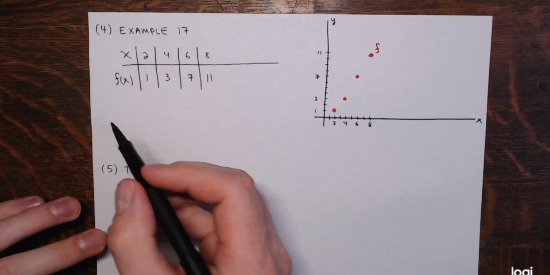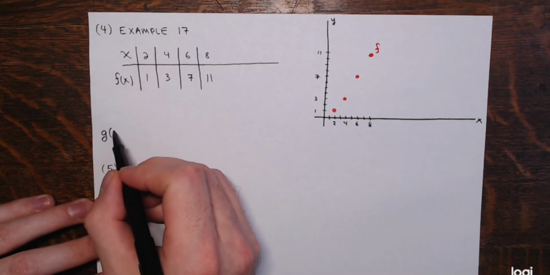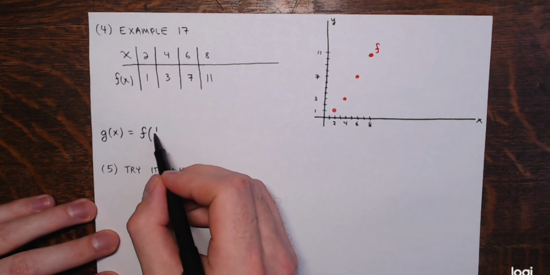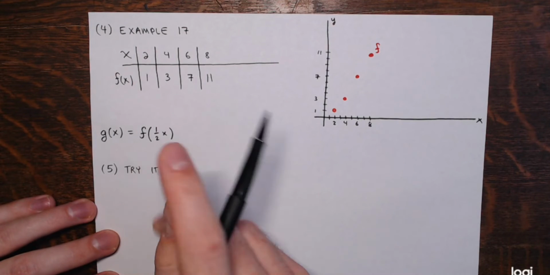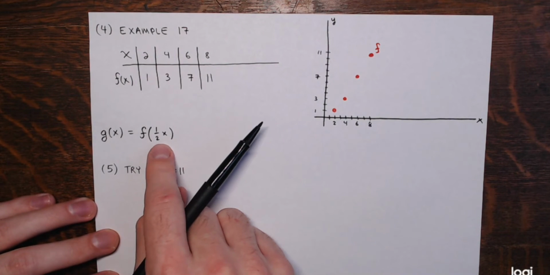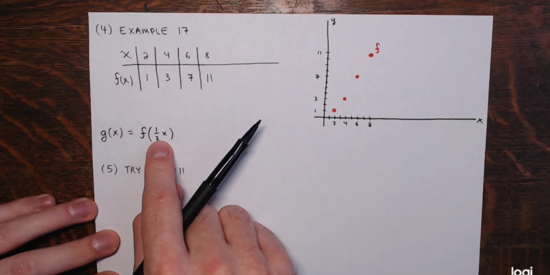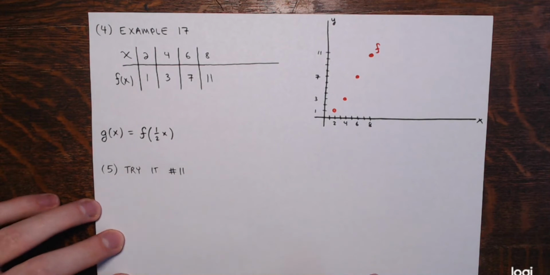Now the function we're asked to write a table for is g of x equals f of half x, where the half multiplier is inside. X is replaced by half x in the input area. Now, watch what happens.